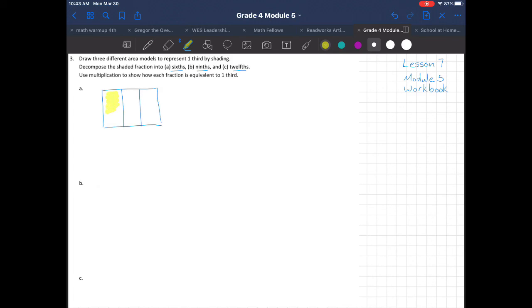Gotta shade it. And for A, I want 6ths. So to make this 6, it's thirds now. I gotta double the number of pieces. 1/3 times 2 over 2 equals 2/6.